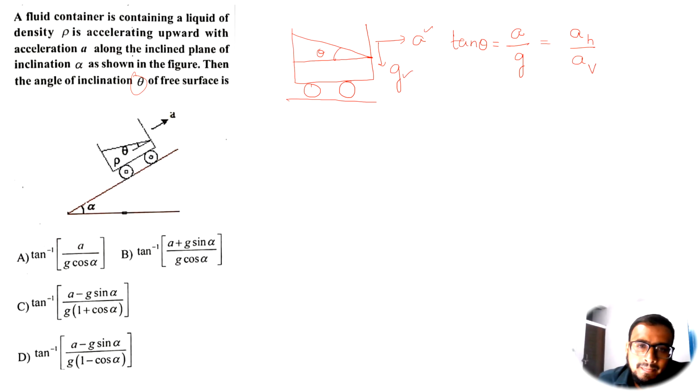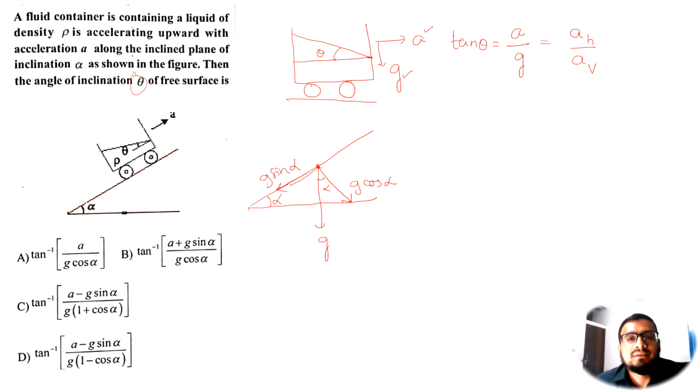So we take the components along the inclined plane. If this is alpha, the mass of the liquid is experiencing a force here, G. So this side is one force, this side another force, this is alpha and this is alpha here, which is G cos alpha, and this side you have G sin alpha.